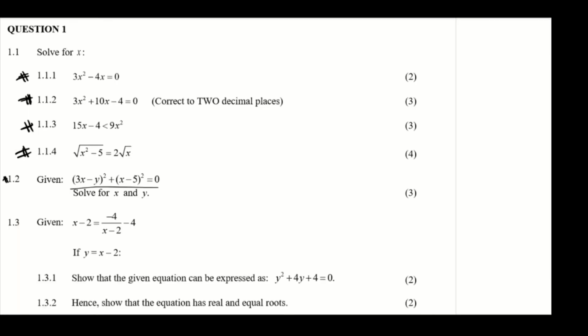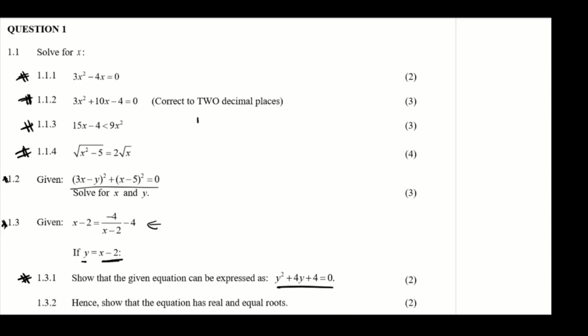Then now we want to solve 1.3. We are given this expression here, and we are told that whenever we see x minus 2, we must put y. So it's equals to y. So 1.3.1 says that show that the given equation can be expressed in this form.